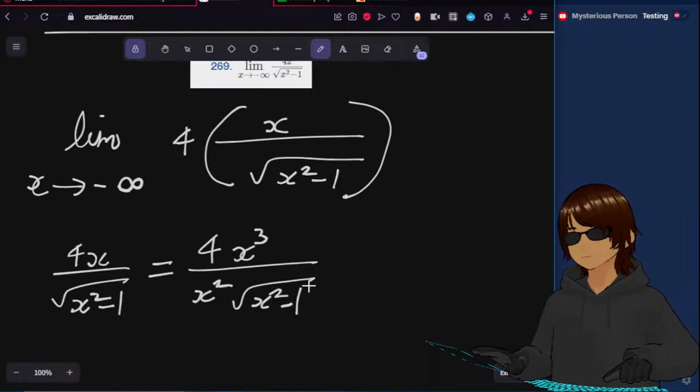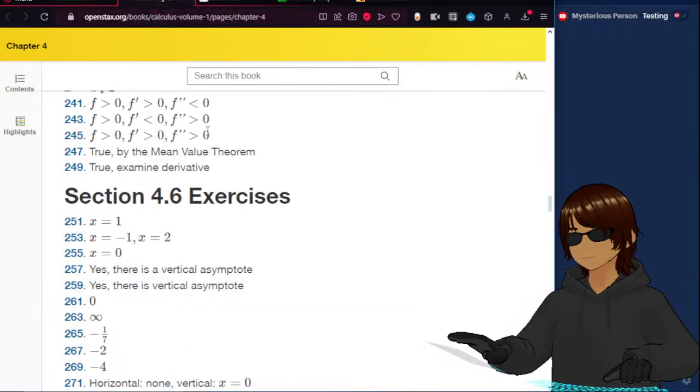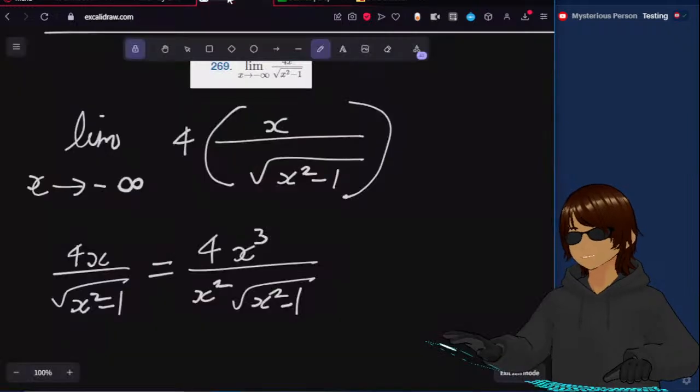Wait. This is -4. Oh, yeah, it's going to the negative side.